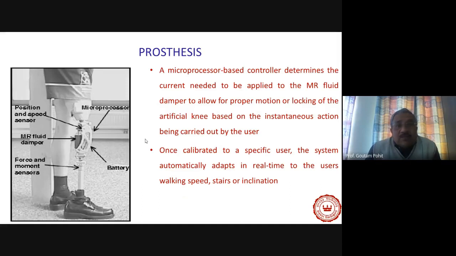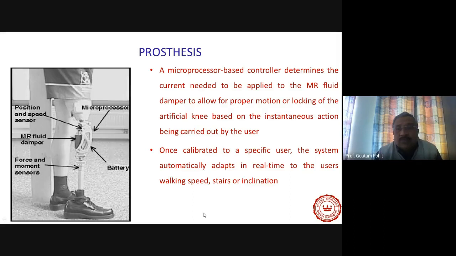There is another application, prosthesis. A microprocessor-based controller determines the current. See, this is the MR fluid damper which is being used. As the person is walking, the force will be exerted here. Depending on his walking speed and other things, we can control the MR fluid friction force so that the person can feel comfortable while walking, because otherwise all this force will be transmitted here and he will be pained.